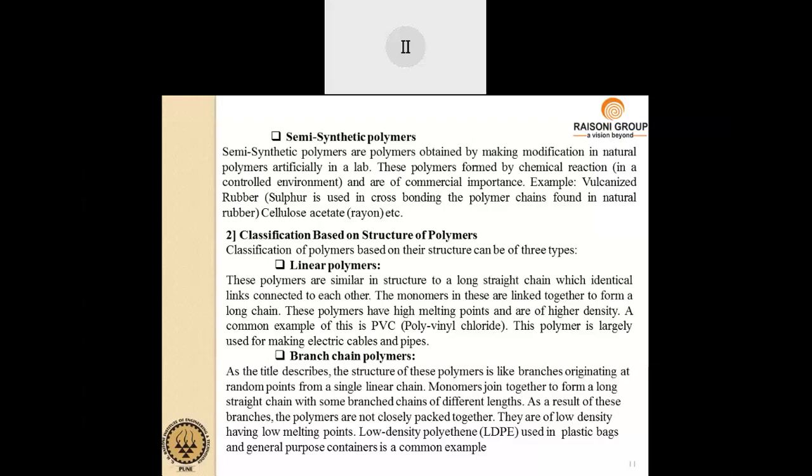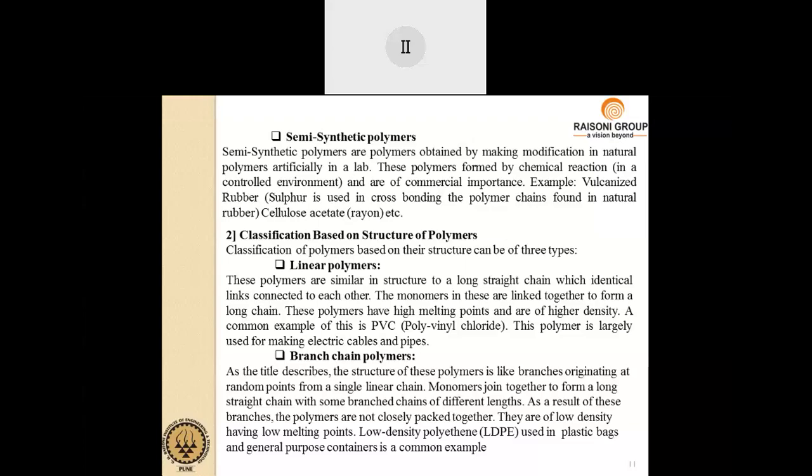As different branches arise from a long linear chain, these polymers are not closely packed together. Branched chain polymers are not closely packed. That's why they have low density as well as a low melting point.